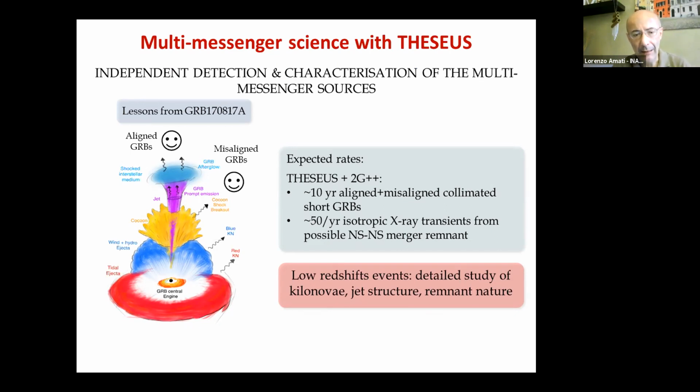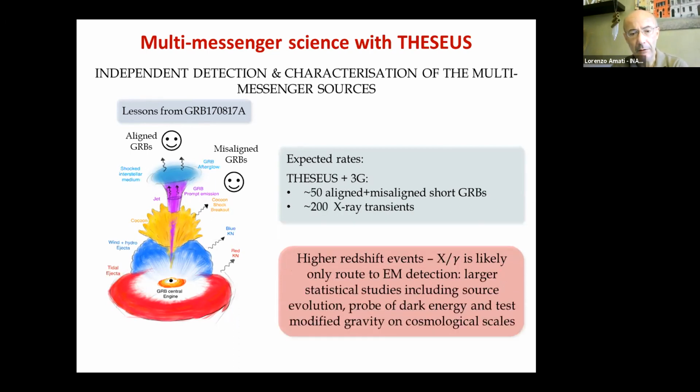So the capability of these future missions, as I mentioned, will extend the detection of gamma ray bursts down to the soft X-rays, and will also unveil the bulk of the population of local short gamma ray bursts associated to gravitational wave emitters seen off axis, which are beyond the capabilities of current gamma ray burst detectors.